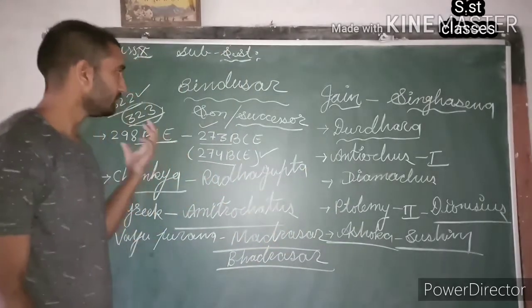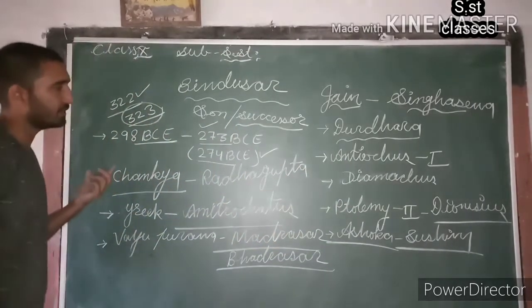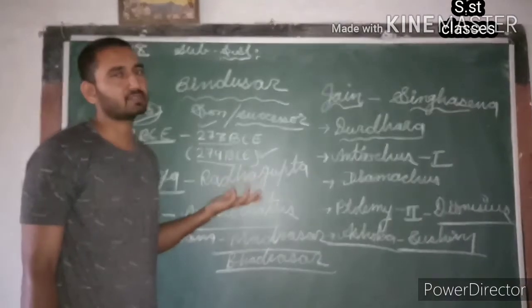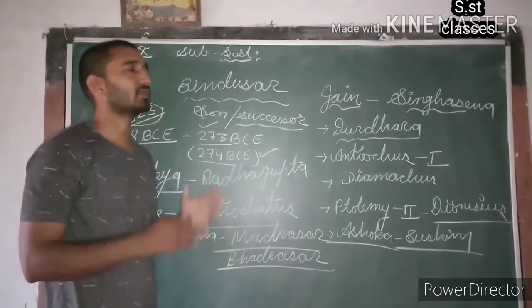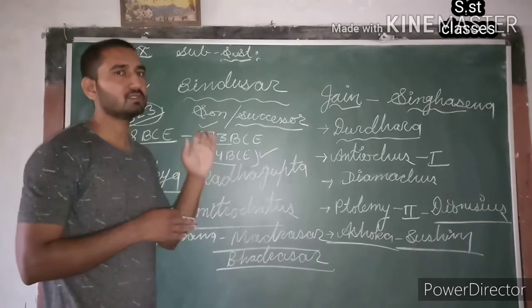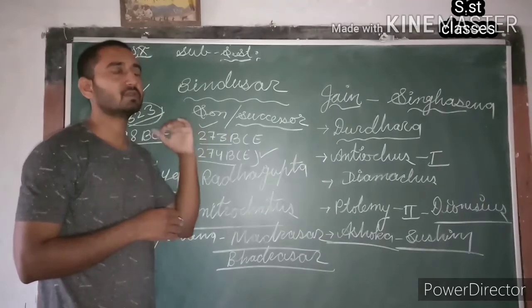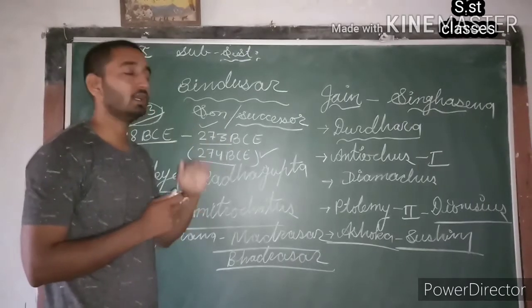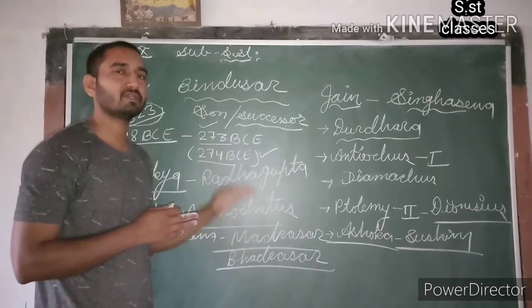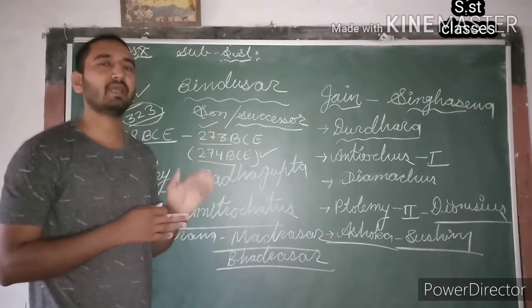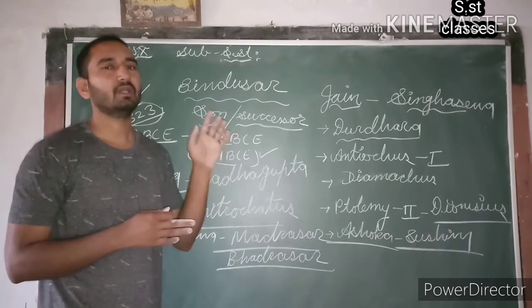Now, finally, Bindusar died in 273 before Common Era, and with the death of Bindusar, the next ruler was Susim. Means the Prince Susim became the ruler after the death of Bindusar, but he was killed by Ashoka, and finally Ashoka became the next ruler of Mauryan dynasty.